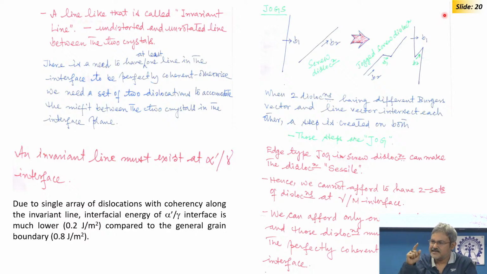Invariant means there will be no distortion along the line or no rotation along the line. The line length cannot change, the line cannot rotate. So that is the criterion that now comes. For martensite transformation or any displacive transformation, there has to be an invariant line strain, right? A line has to be invariant. With respect to that line, anything can happen beside that.